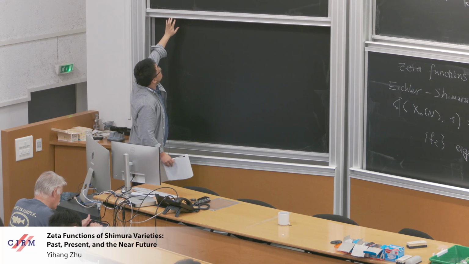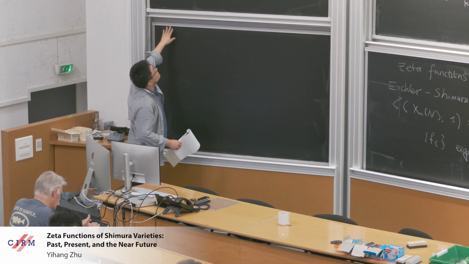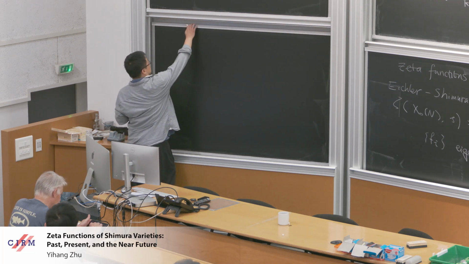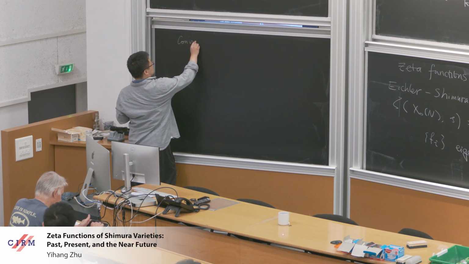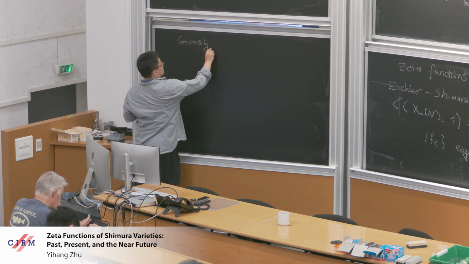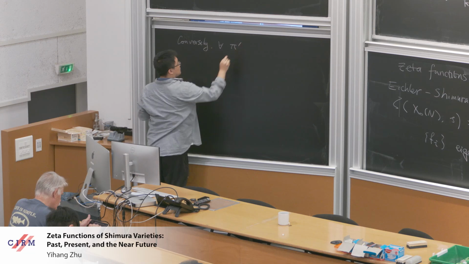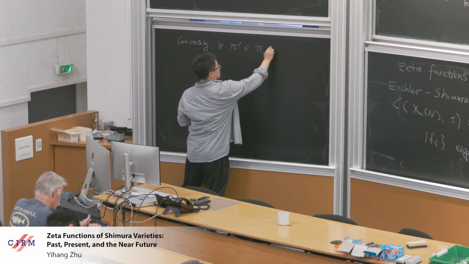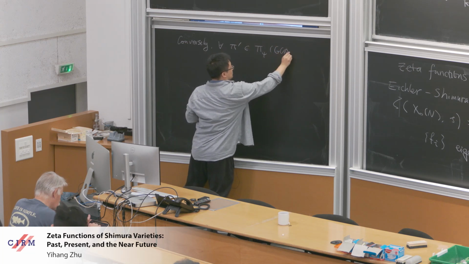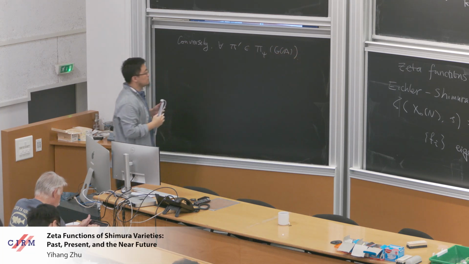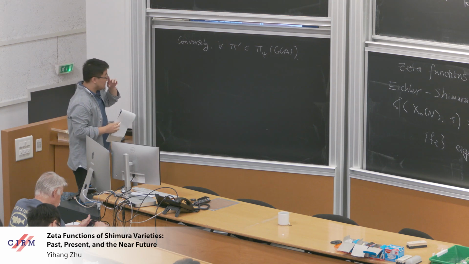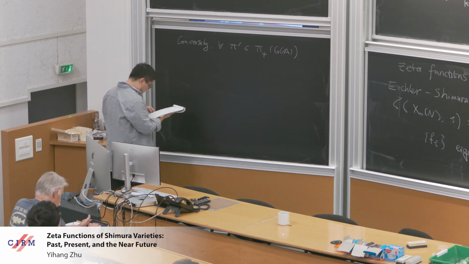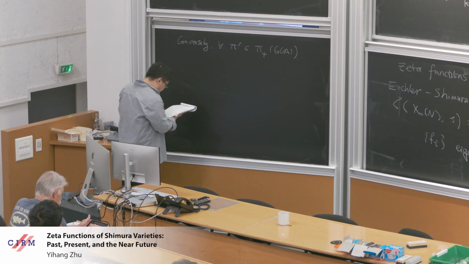Conversely, if you have some member pi prime of this global Arthur packet, then there is a recipe to determine whether it appears in the discrete spectrum and also what multiplicity it appears with.